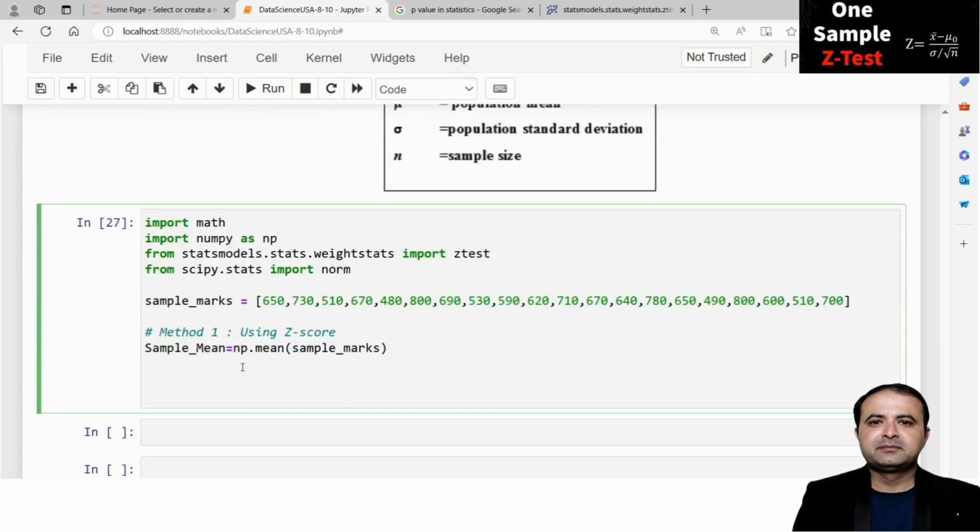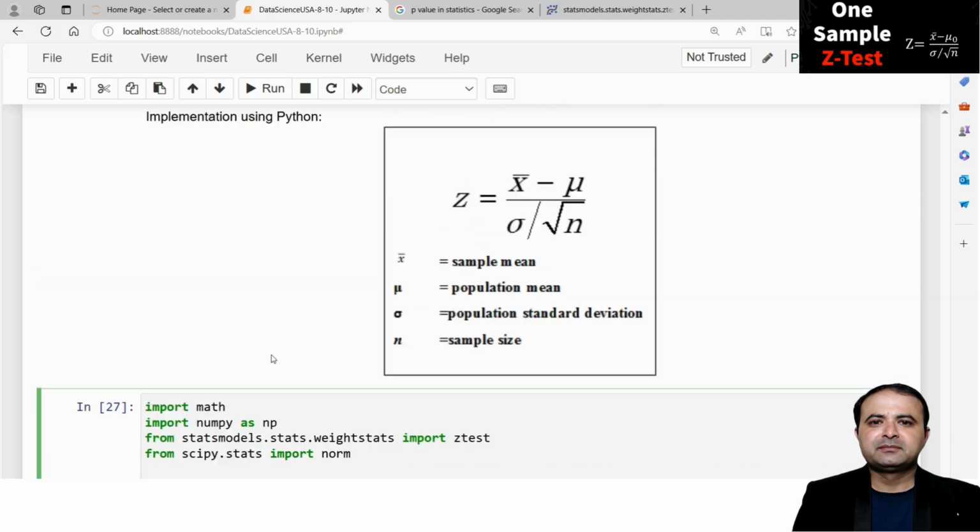Now I want to find the sample size. Whenever you perform the Z test, we have a formula.